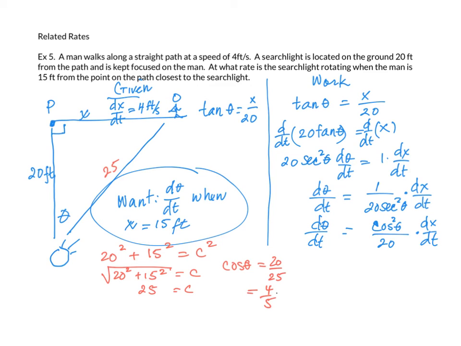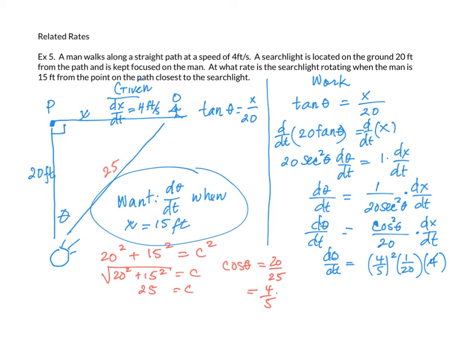Now we can do the final substitution to find d theta dt. d theta dt equals (4/5) squared divided by 20, or times 1 over 20, times dx dt. And we're given dx dt is 4 feet per second. So let's write that down. That is 4.